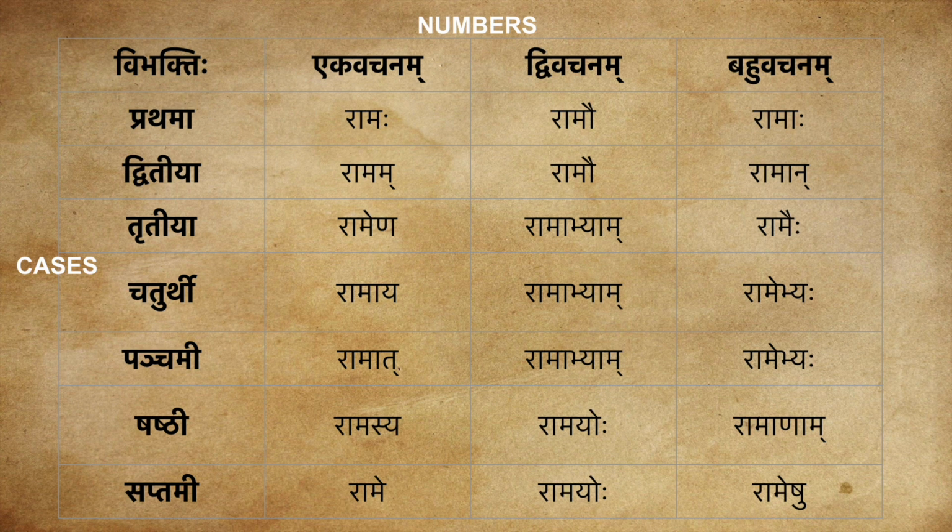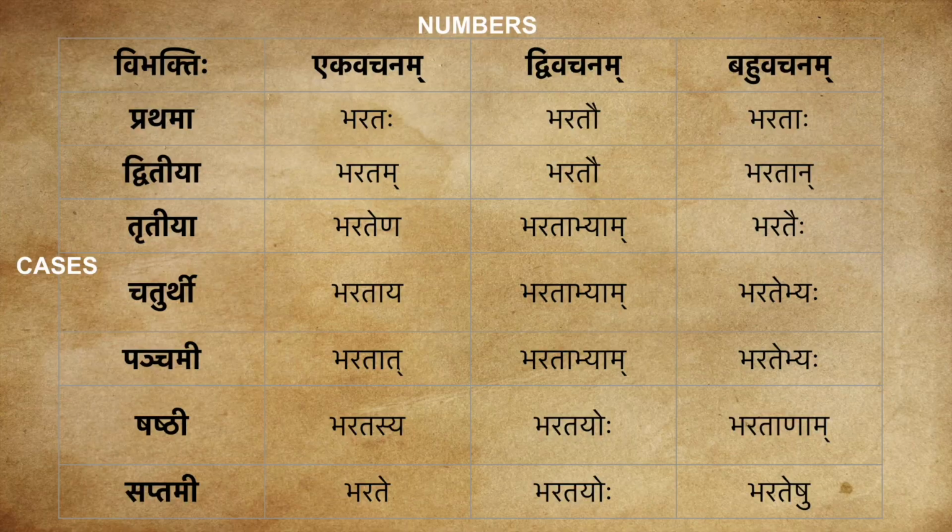Okay, now there's a whole bunch of nouns in Sanskrit that belong to the Rama Shabdam type, and they all go the same way. For example, let's take Rama's brother, Bharata. If we can deal with Rama, we can deal with Bharata too. Bharataha, Bharatau, Bharataha. Bharatam, Bharatau, Bharatan.